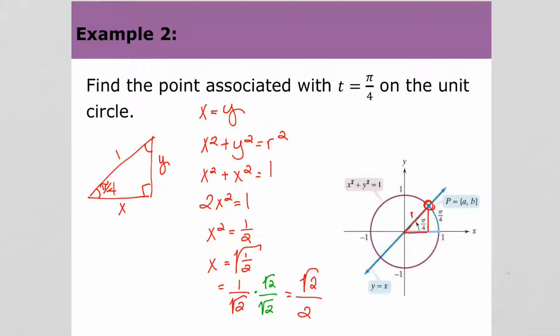So the x value of this point is square root of 2 over 2. If the x value and the y value are the same, then guess what? The y value is also square root of 2 over 2. So that's one example of how you find a point associated with an angle.